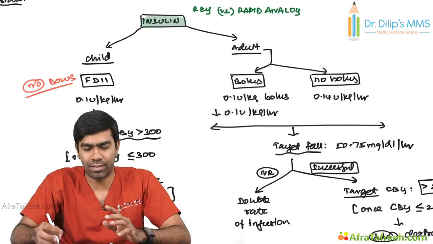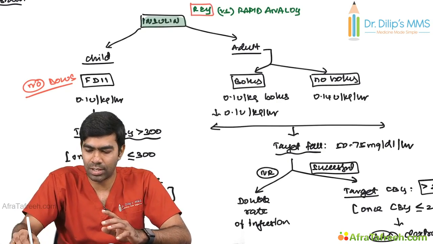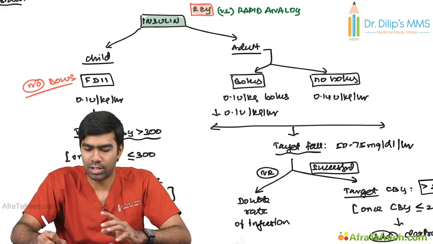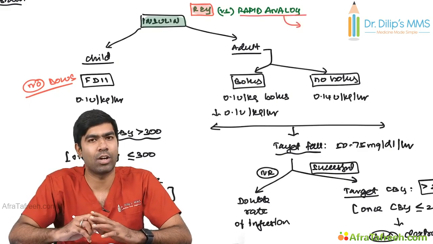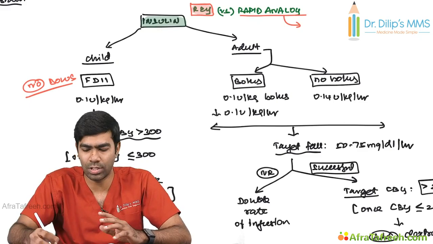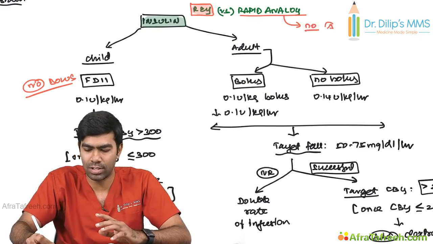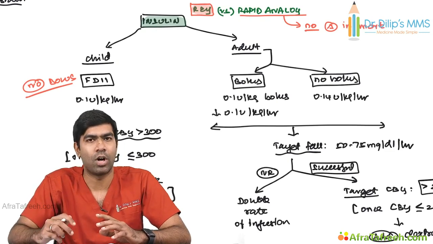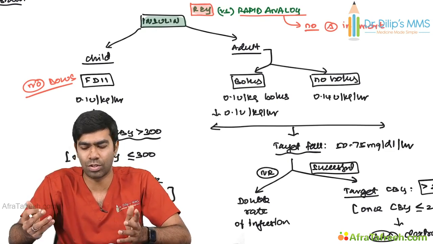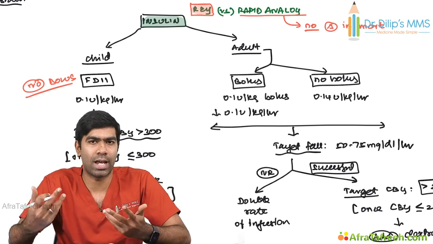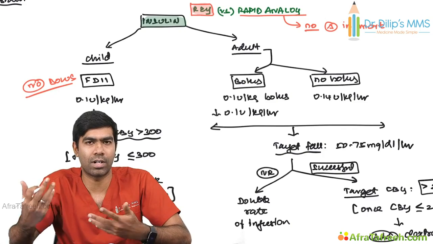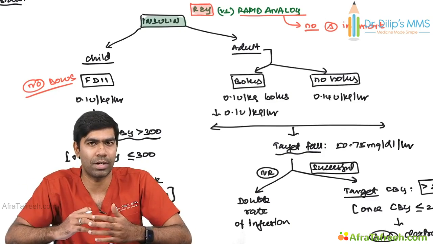But studies have clearly shown regular insulin is the best, because using a rapid-acting analog for IV use is not contraindicated, but it has no significant difference in mortality or morbidity or hospital stay, or even the rapidity of fall of glucose compared to regular insulin.